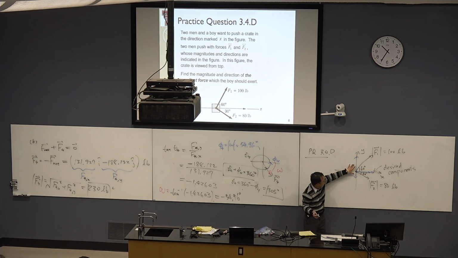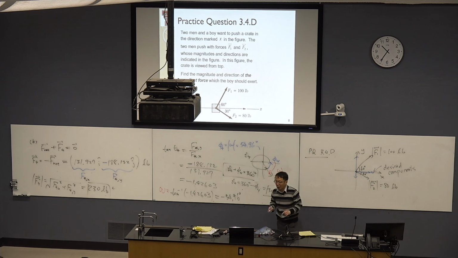Do you get the idea? If the boy adds the third force, then the y component of that third force is going to cancel out those two exactly, so all the y components will vanish. Basically, the y component of the net force will vanish. That's the goal.